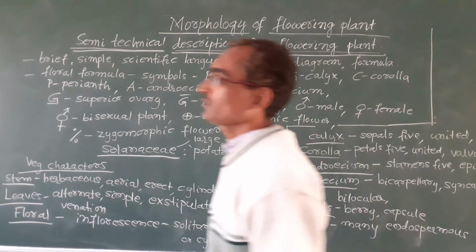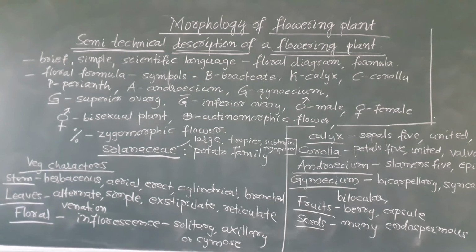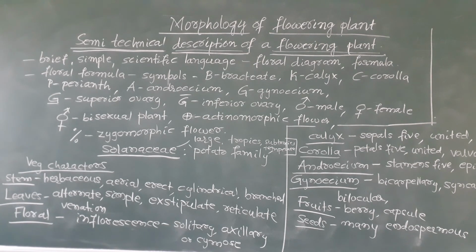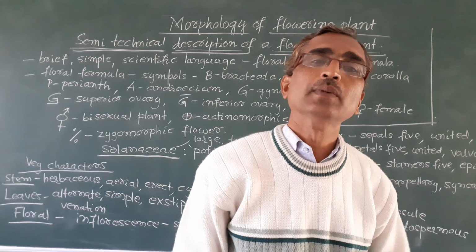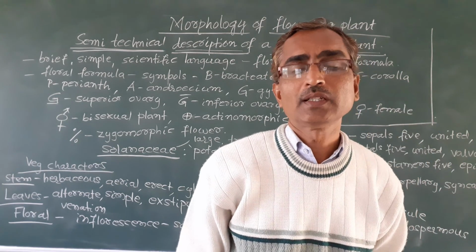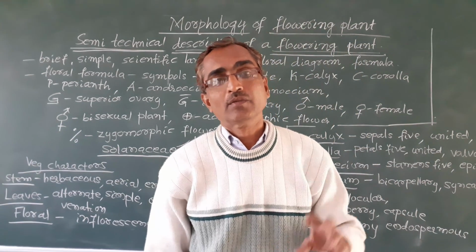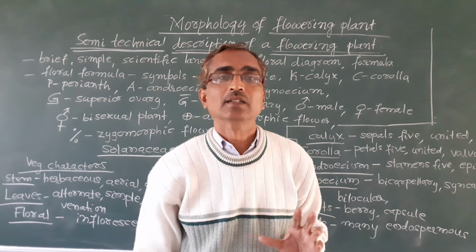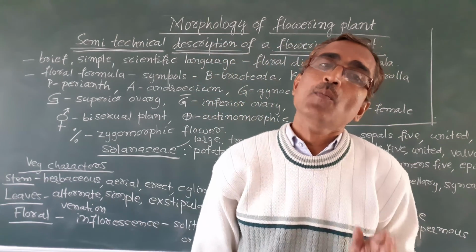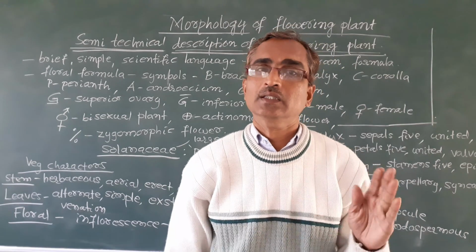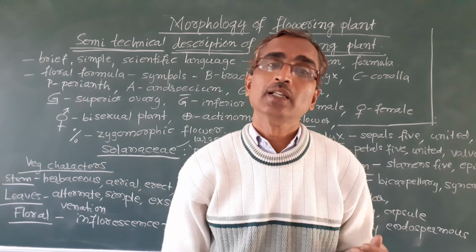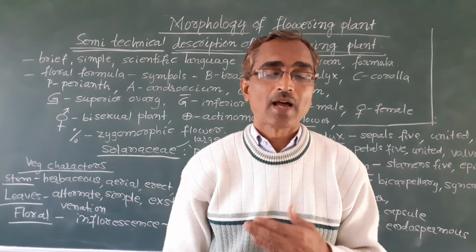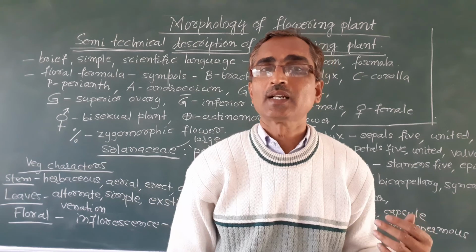We describe a plant, and various morphological features or characters are used to describe it. That is how they look externally, with respect to the leaf, stem, flower, root, etc.